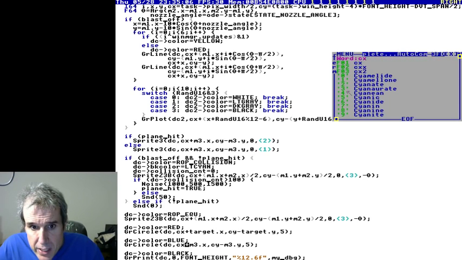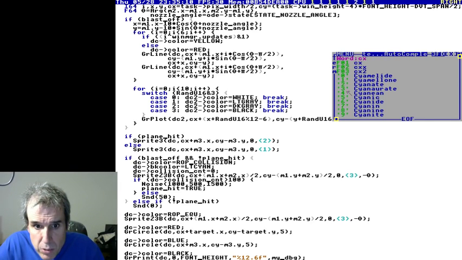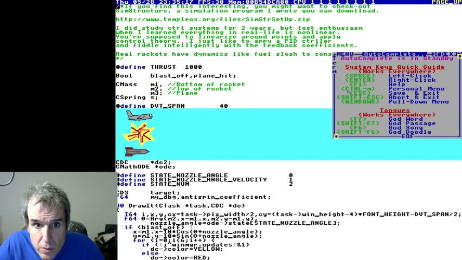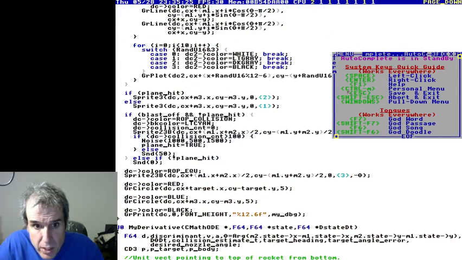I thought we have to draw that circle. M3. Do you suppose that's the plane? It's not the plane. Maybe I made that M3 into the target position. The aim. I guess you'd call it the aim point or something.